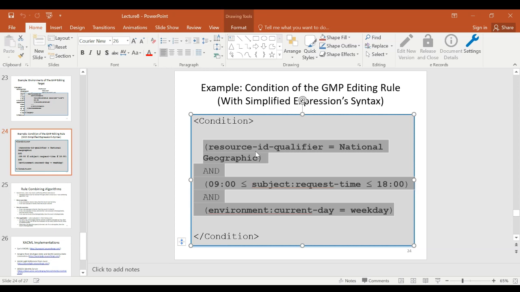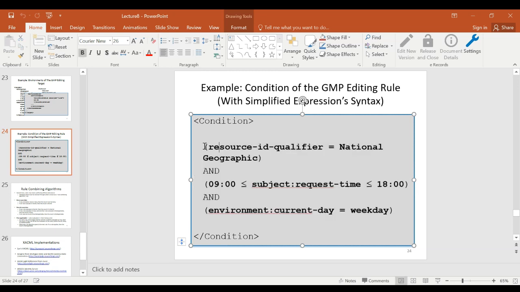Essentially, this is a form of predicate logic, first-order predicate logic. All you're doing here is checking that certain statements have logical values, either true or false, and then you can combine those with logical combinators like and, or, XOR, implication, and so on.